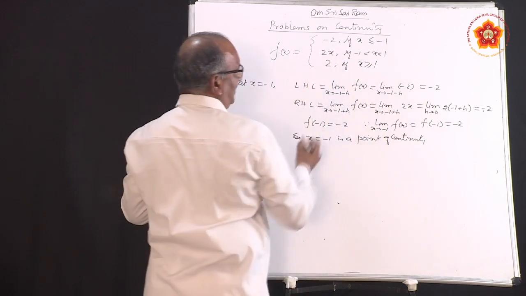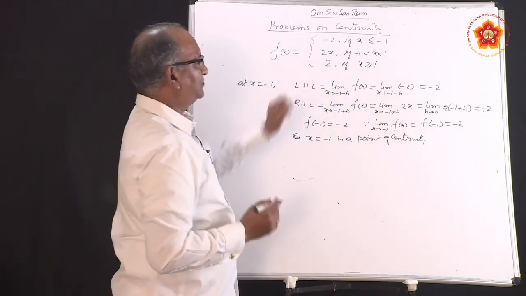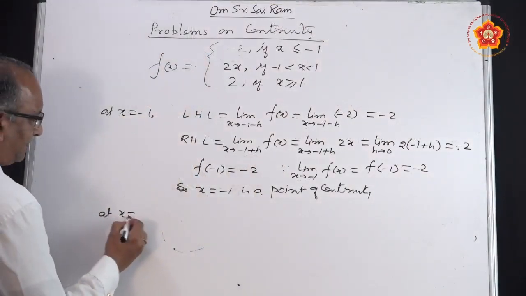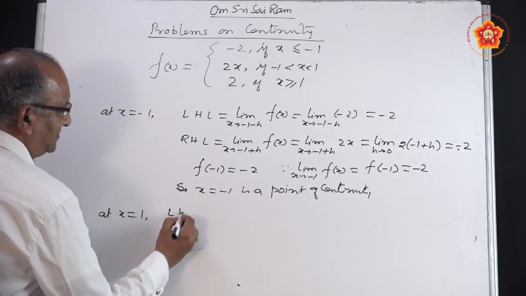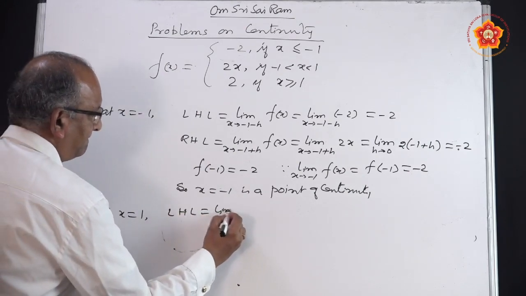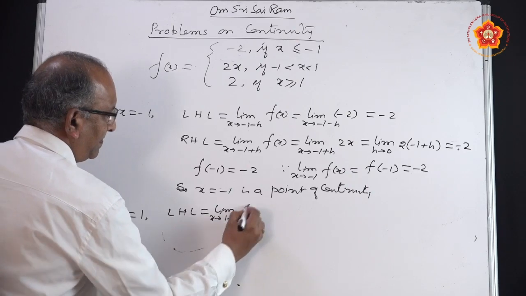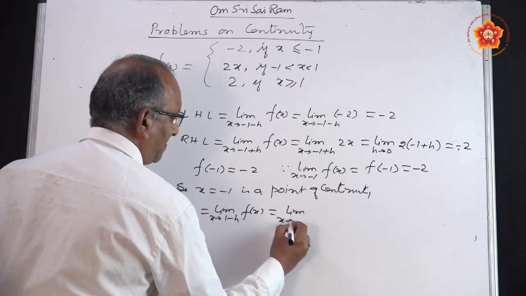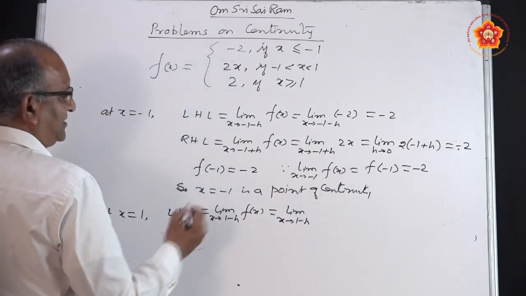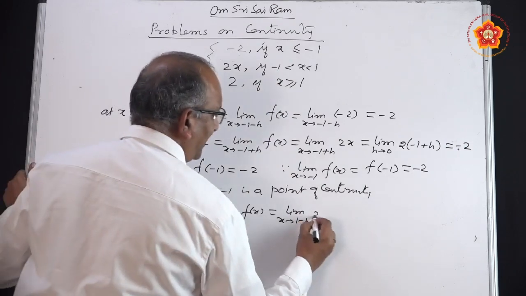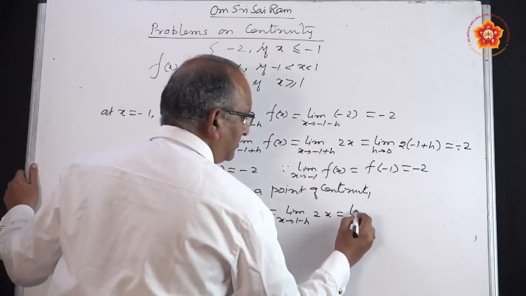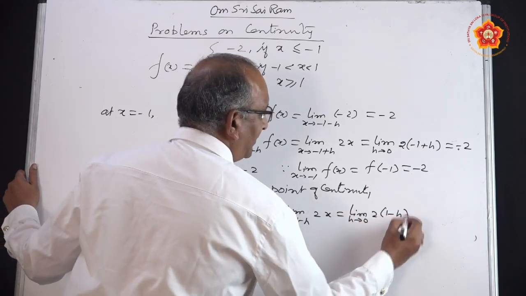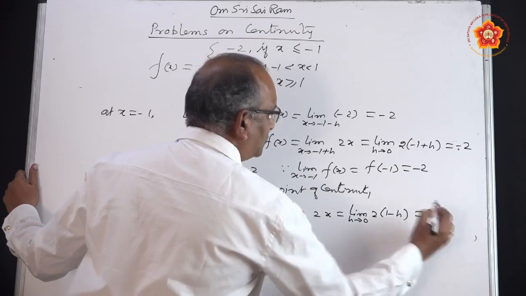Less than 1, it is 2x; greater than or equal to 1, it is 2. So, let us check at x equal to 1. Left hand limit: f(x) when x is less than 1 is 2x. Proceed to the limits, the answer is 2.